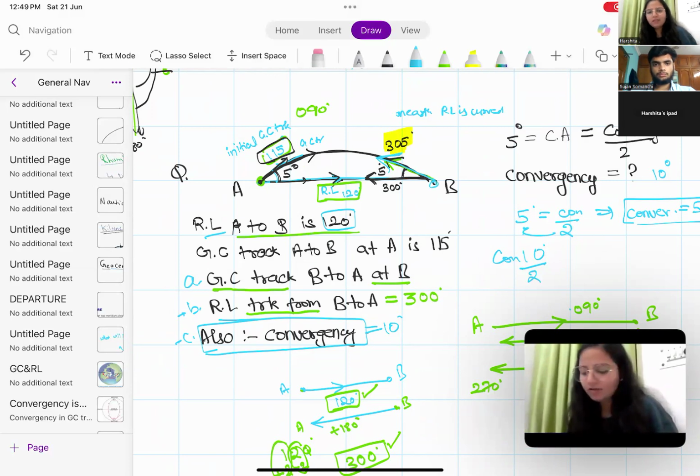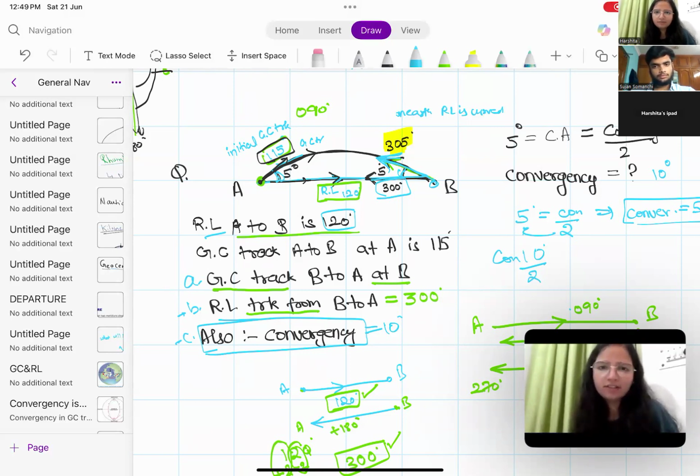And they want to measure it from B, obviously. We knew that the rhumb line is 300 degrees. Conversion angle you only told me it is 5 degrees. So here 5, here also 5. This is what we wanted to know. So we found out the angle is 305 degrees. Happy? This is 305.